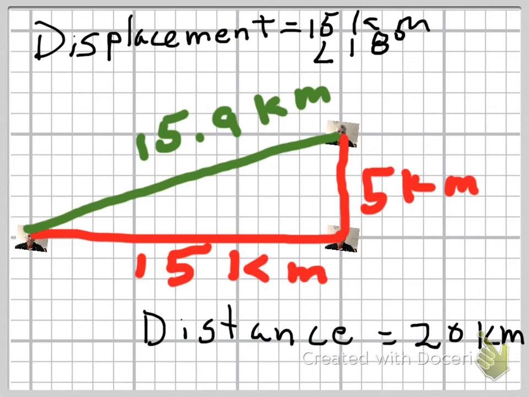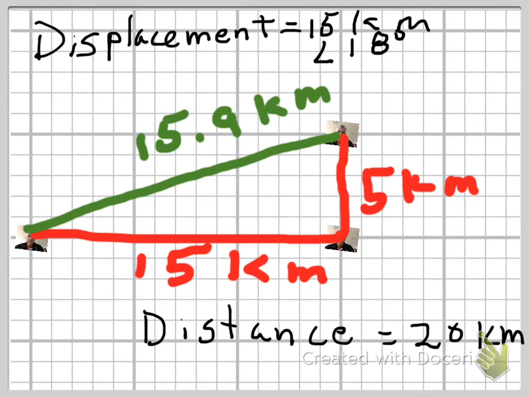So we could say the actual displacement of Mr. Jones' bicycle trip was 15.9 kilometers, 18 degrees to the north. And that tells us exactly where the trip ended in relationship to where it began.